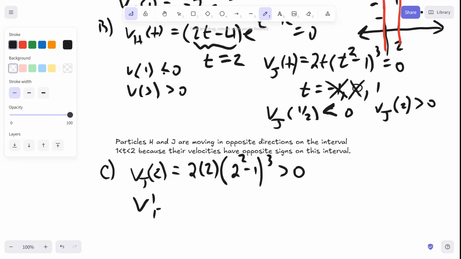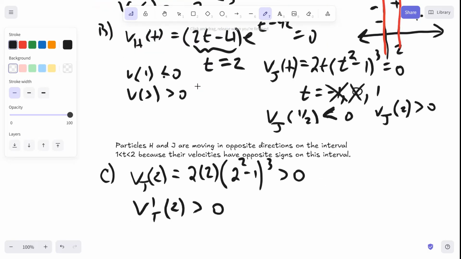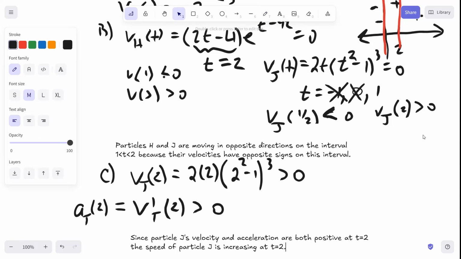We know v prime of 2 is also positive by what's given in the problem. V prime of 2 is greater than 0. So this is also the acceleration of particle j. So since the velocity and acceleration have the same sign, the object's speed is increasing. So there you have the statement.